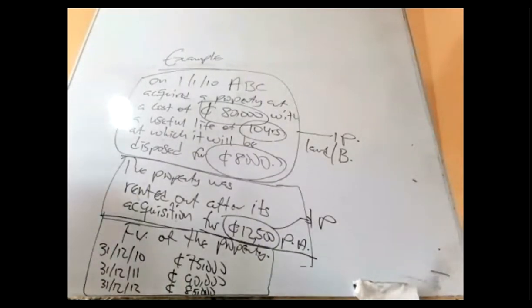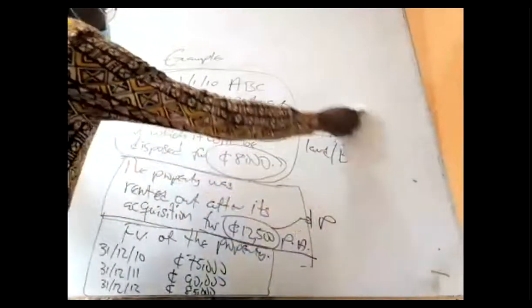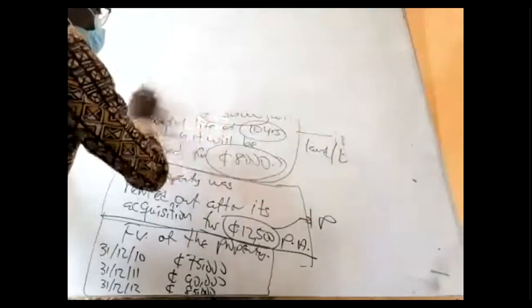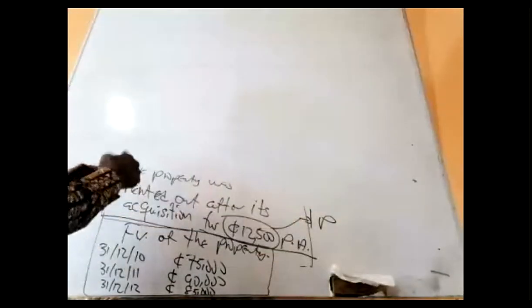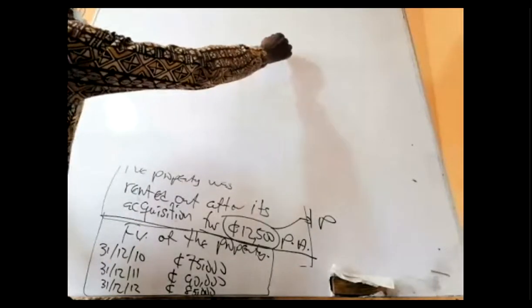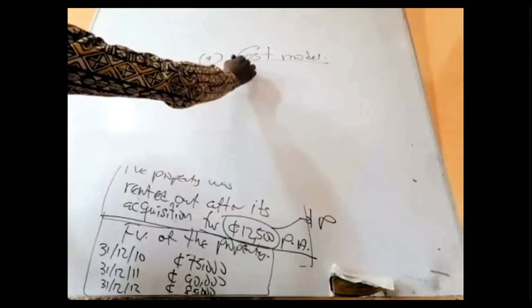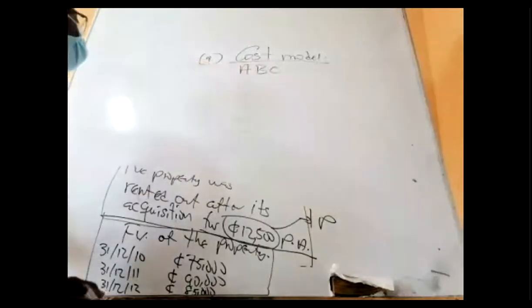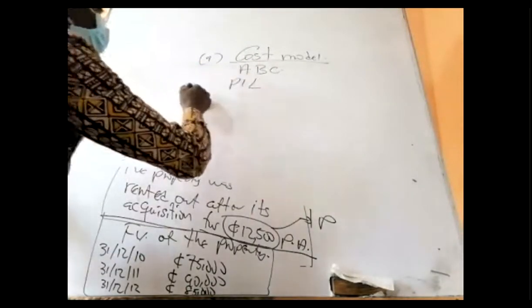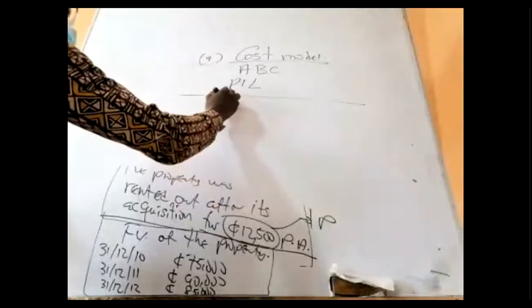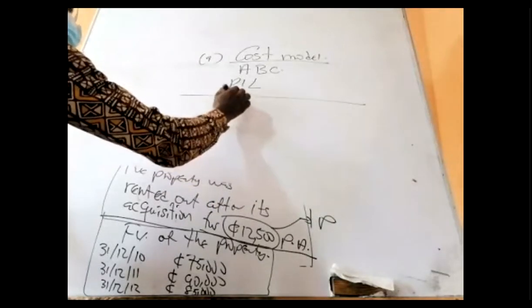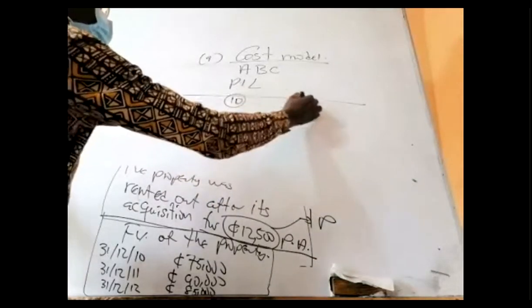So first thing, now we are going to look out for under cost model. So I hope you have the details. Under cost model. So A, cost model. I'm calculating for ABC PLC how the P&L looks like for the first 3 years: 31st December 2010, 2011, and 2012.